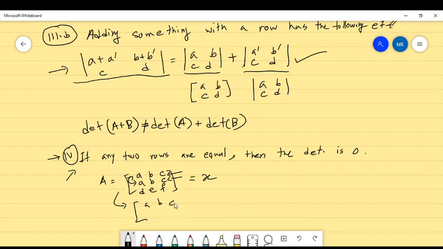Actually nothing. According to rule 2, the sign of the determinant must be reversed, right? So it should be negative X.